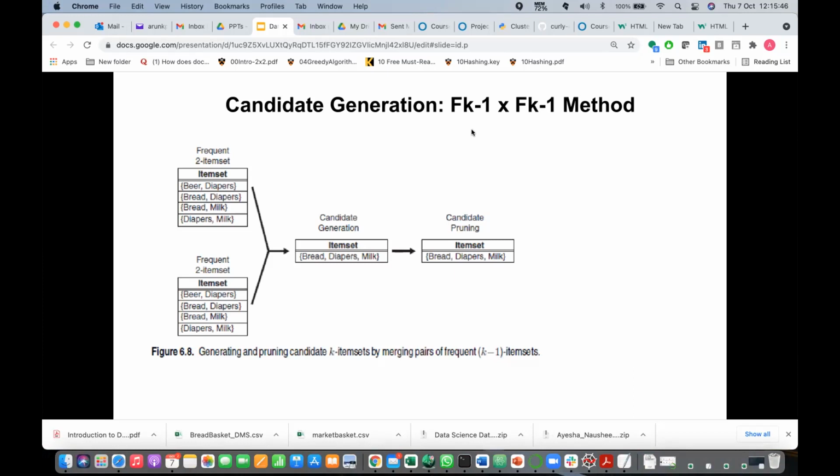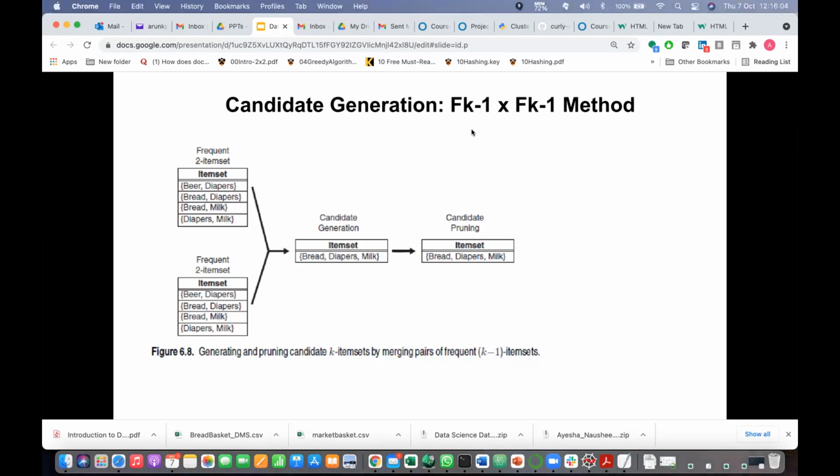So that may become frequent. Why? Because at least their subsets are frequent. When you remove one element, their subsets are frequent. That's why there is a probability. If it is Fk minus 1, all its subsets are frequent, and for another Fk minus 1, all its subsets are frequent. You are making the k item set, and if you want the k item set to be frequent, its subsets should be frequent.